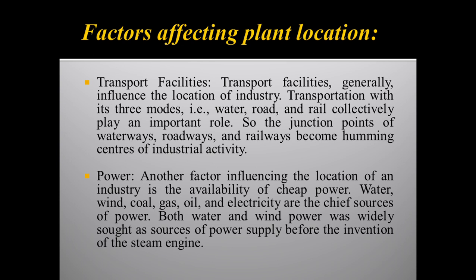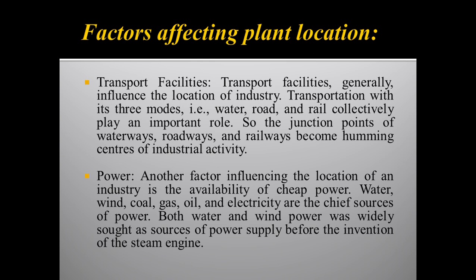Further, the modes and rates of transport and the transport policy of the government considerably affect the location of industrial units. The heavy concentration of the cotton textile industry in Bombay has been due to the cheap and excellent transportation network, both in regard to raw materials and the markets.